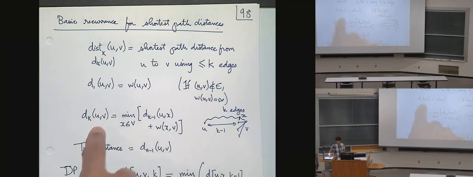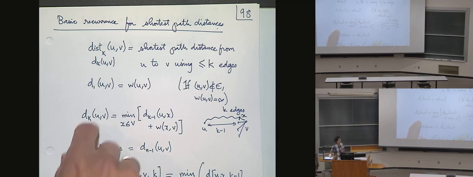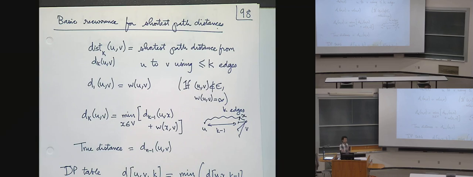So this is the distance from u to v that involves only k edges. Yeah? As long as xv is an edge. Well, if it's not an edge, this would be infinite, and then it would just not be a minimizer. Right? So in the implementation, you could be more careful, but for the sake of the description, this is good enough. Right? Fair enough? Okay.